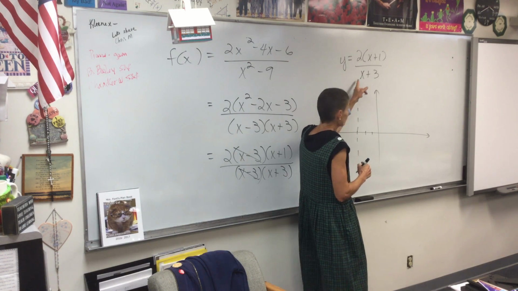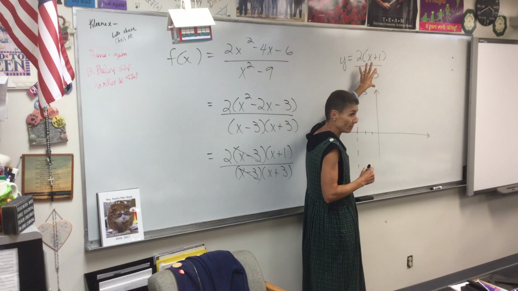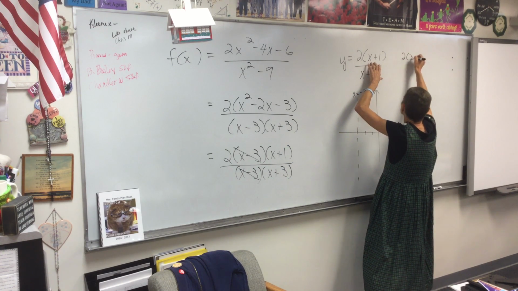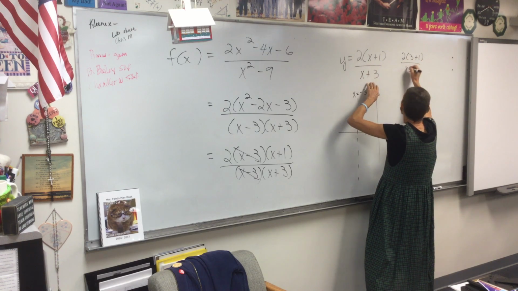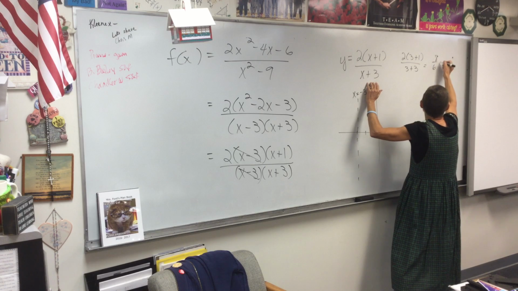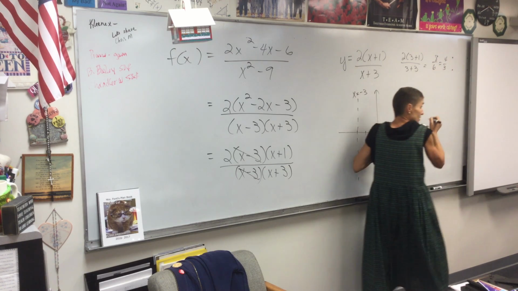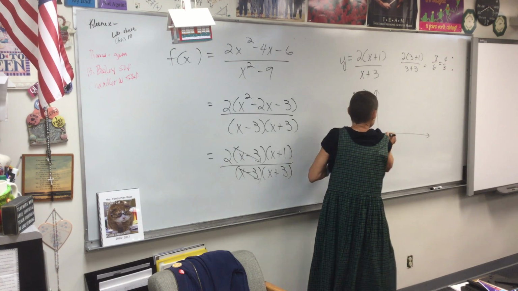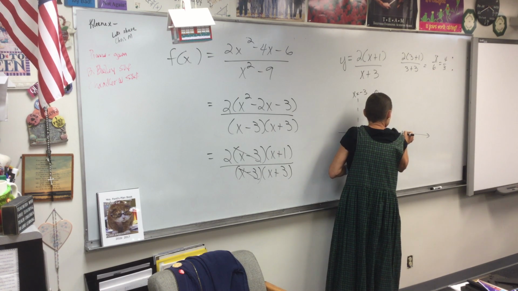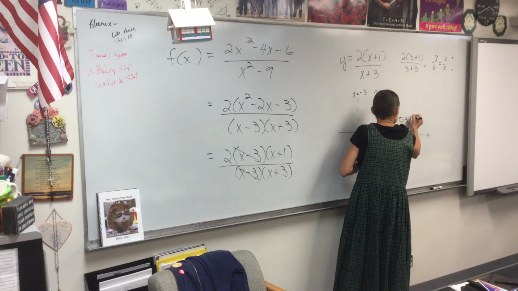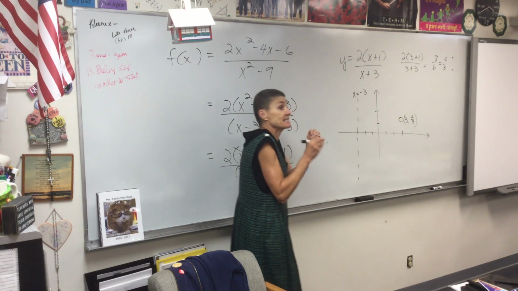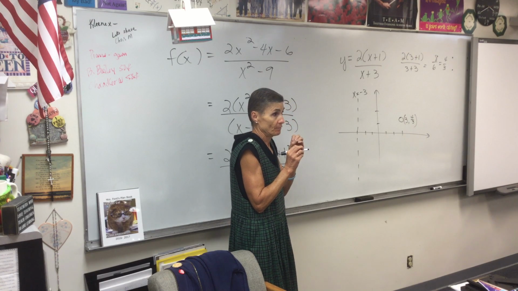Could I put 3 in my new problem? All right, let's do that. What happens when I put 3 in my new problem? I get 8/6, which is 4/3. That means in my picture, at the point (3, 4/3), there is a hole or a skipped point.